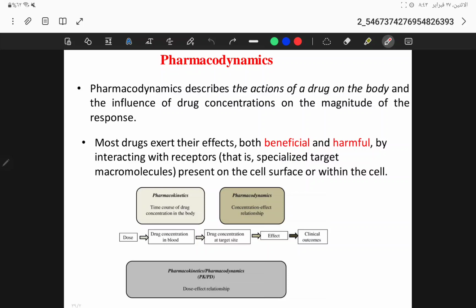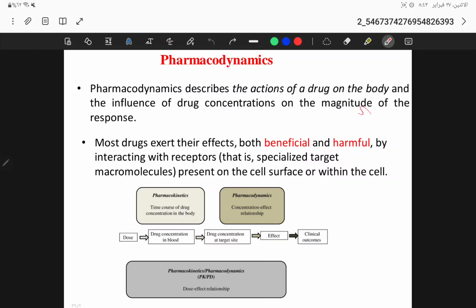As long as we have good absorption and good distribution, and we gain a good concentration of the drug at the target site or effector organ, we are going to have the pharmacological action. So the magnitude depends on the concentration of the drug reaching the site of action.